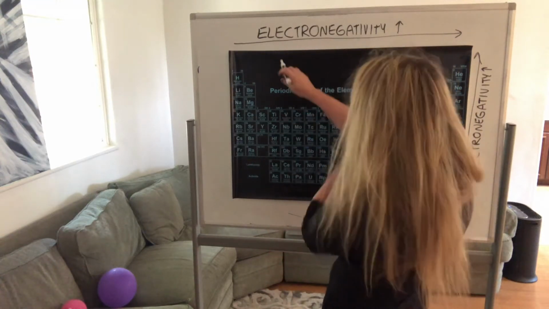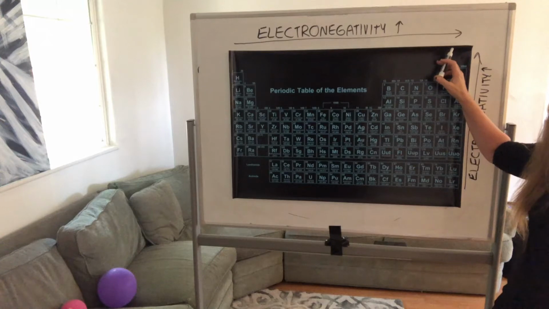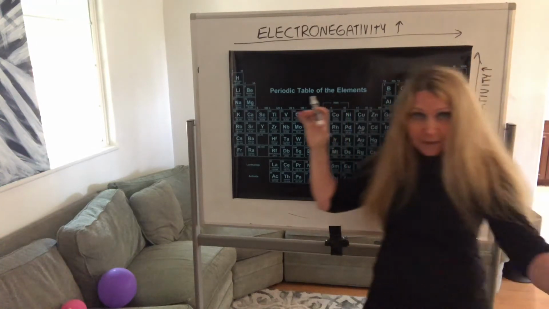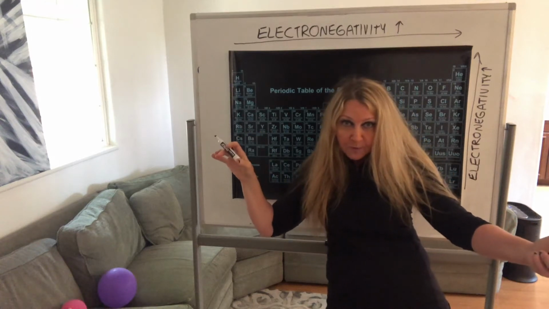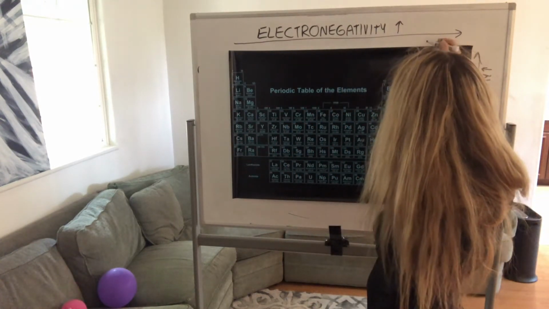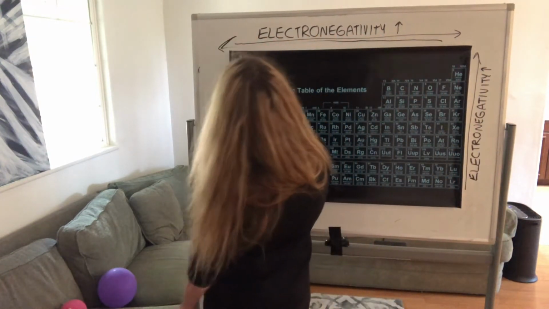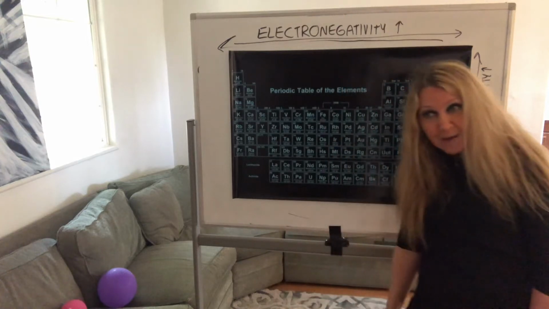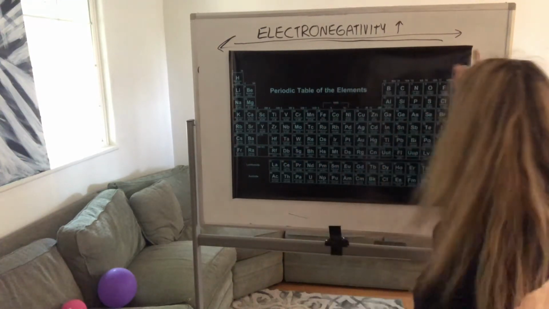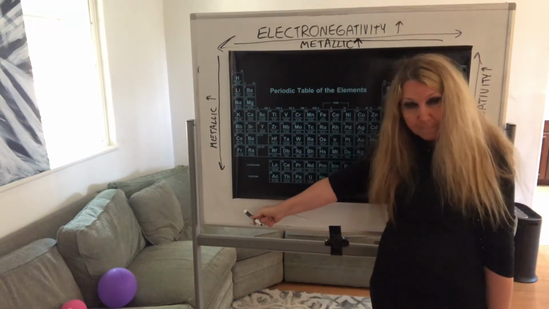So, as we increase the electronegativity, we decrease the metallic characteristic. So, in other words, as we go this direction, from right to left, we have more metallic. So it becomes more like a metal.